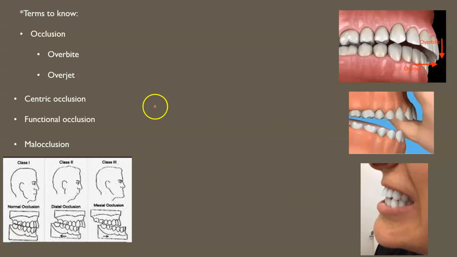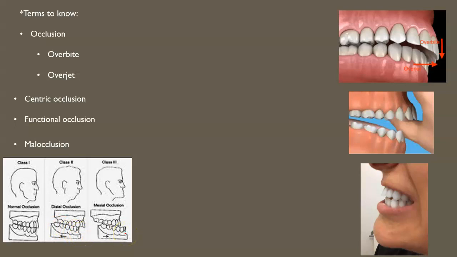And there are going to be different types of class 2 malocclusion that your book talks about, and it depends on how far forward these anterior teeth are protruding in relationship to those mandibular centrals.